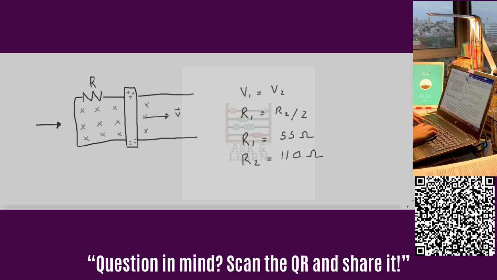So imagine two circuits just like this, where one has a resistance of 55 ohms and the other has a resistance of 110 ohms. The resistance of one is equal to the resistance of 2 over 2, right? R2 is twice that of R1.